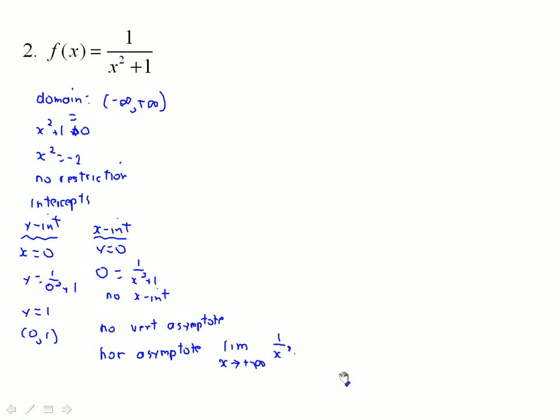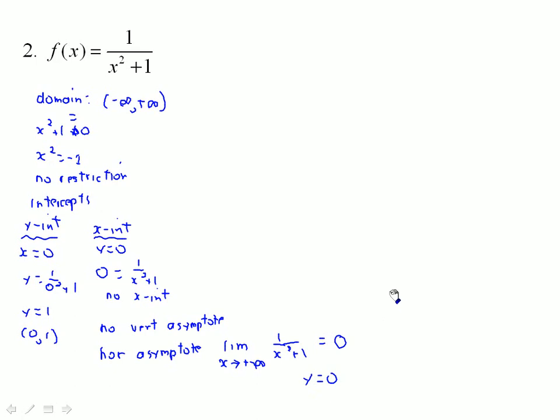You don't even need to do any simplification of this. 1 over x squared plus 1. If x increases without bounds, 1 over that number is going to get closer and closer to 0. And the same thing is true if you go the other direction. As x decreases without bounds, square the number, it's going to keep getting bigger and bigger, whereas 1 is staying the same. So we end up with y is equal to 0 as a horizontal asymptote.